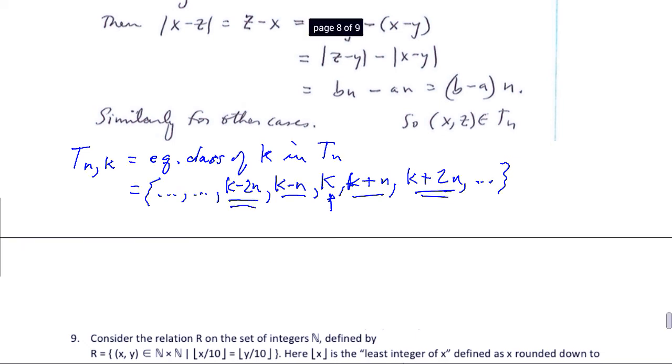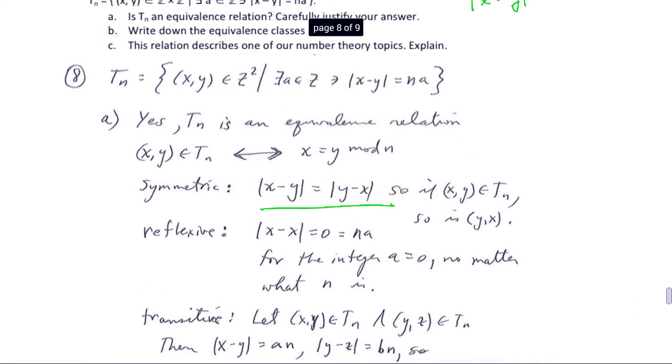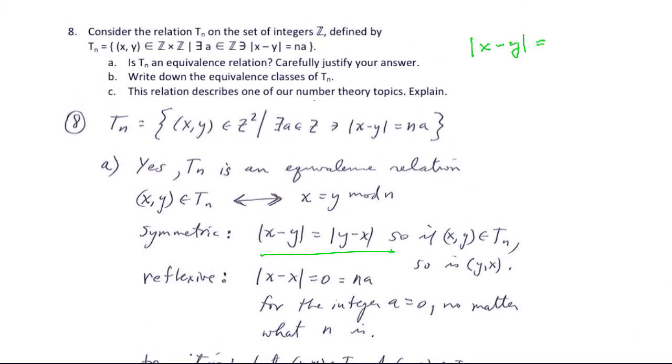Let's see, what else did I forget to do on this part? This relation describes one of our number theory topics. Explain. This is equivalence mod n.